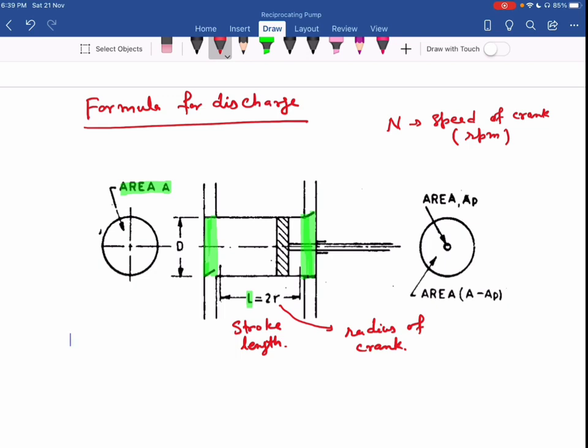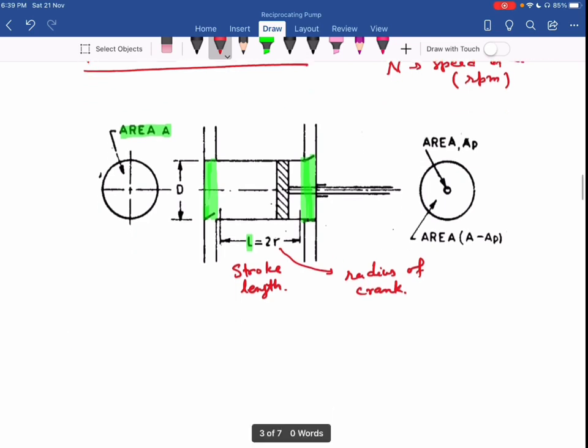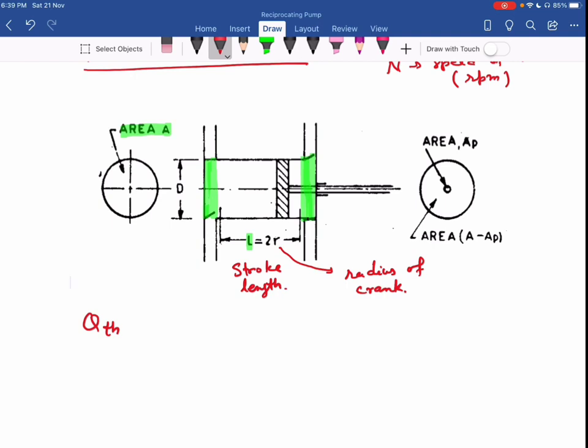Now I can write the formula for discharge. The theoretical discharge, QTH, is ALN divided by 60. So the discharge through the pump per second is equal to the area into the stroke length into the RPM divided by 60.